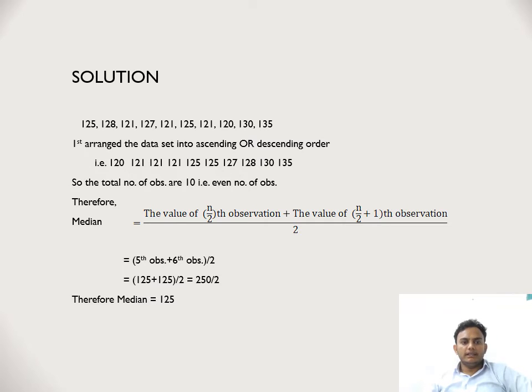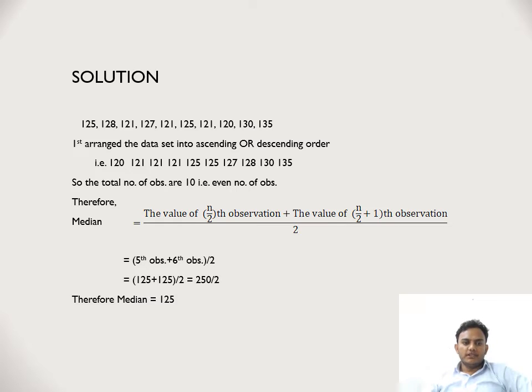First, arrange the data set into ascending order or descending order. So the total number of observations is 10. We use the second formula, the value of the (n by 2)th observation plus the value of the (n by 2 plus 1)th observation divided by 2. So n is equal to 10. That's why n by 2 is 10 by 2, that is the 5th observation, and here 5 plus 1, that is the 6th observation, divided by 2.